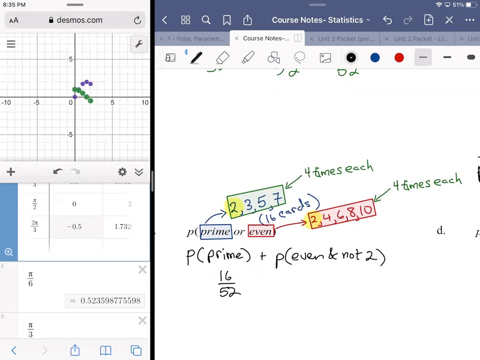One of those prime numbers is the even number 2. So I'm going to eliminate this from the set. 4 times each on these 4 values is going to give me another 16 cards. These are 16 new cards, right? Ones that I haven't accounted for yet. So 16 out of 52, add them together, and I get 32 out of 52.